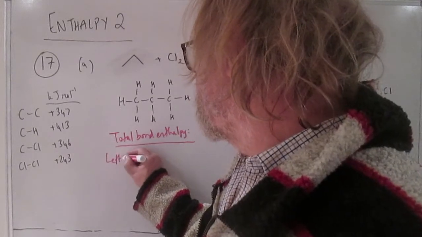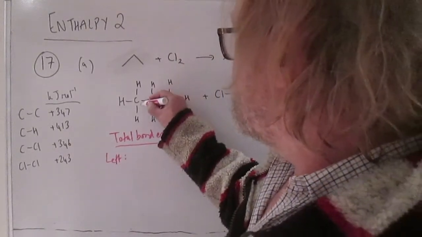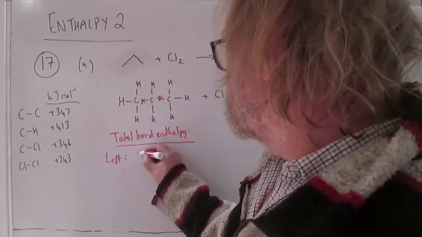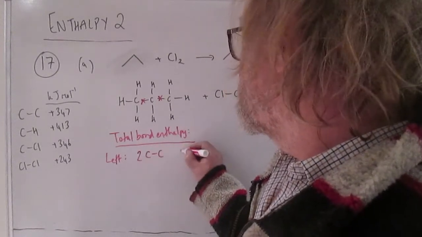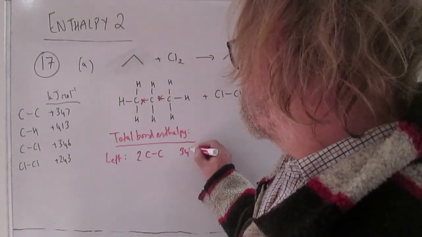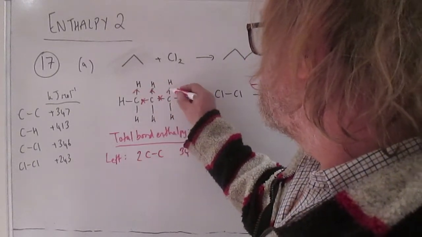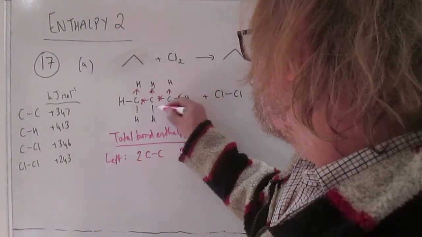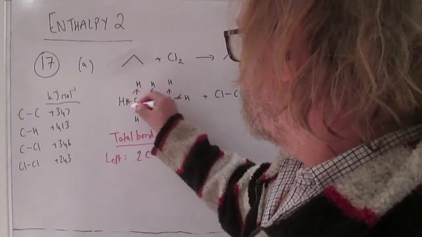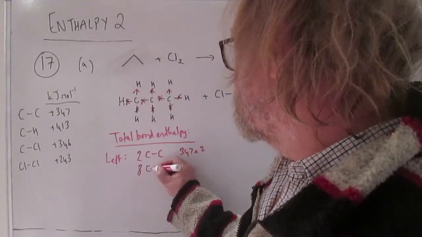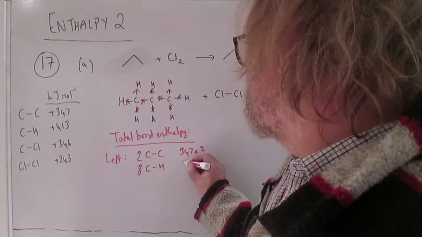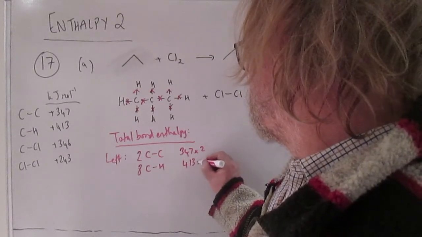Okay, so on the left we have 2 C single bond Cs, which is 347 times 2. We have 1, 2, 3, 4, 5, 6, 7, 8 CHs, which is 413 times 8.